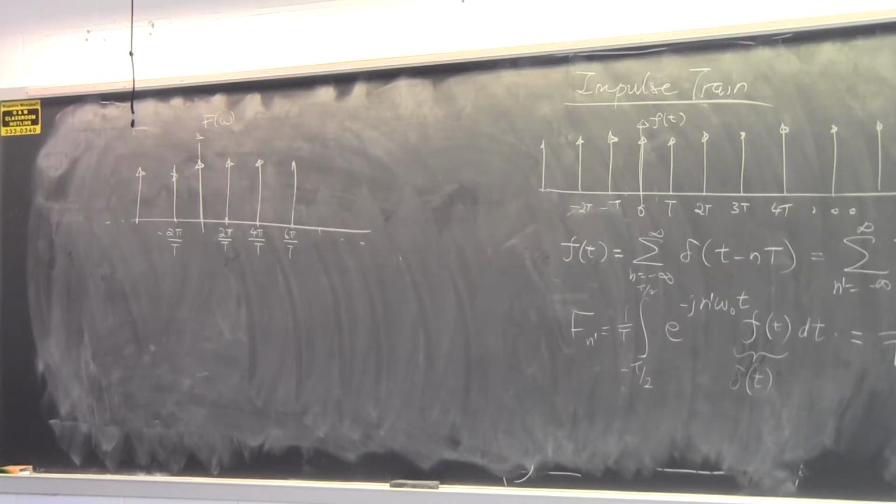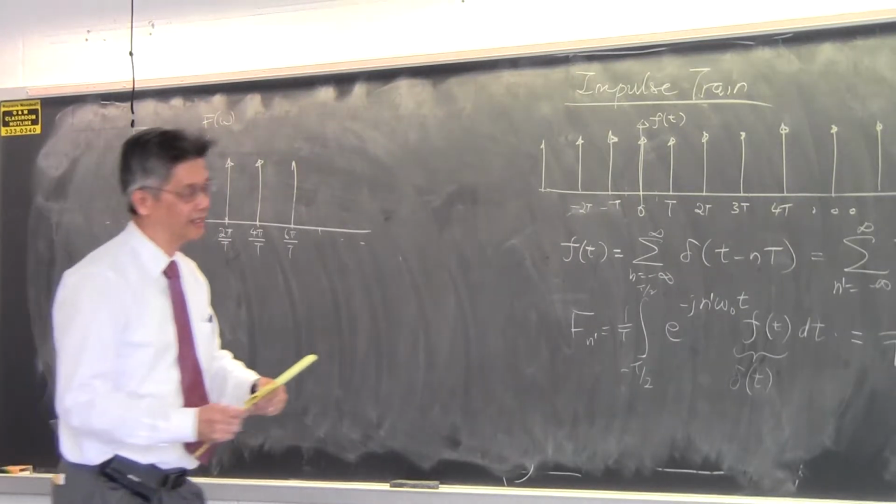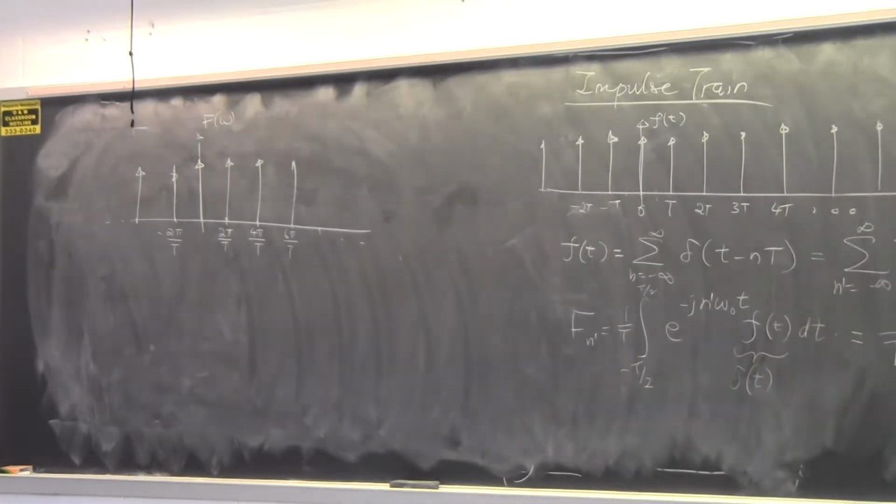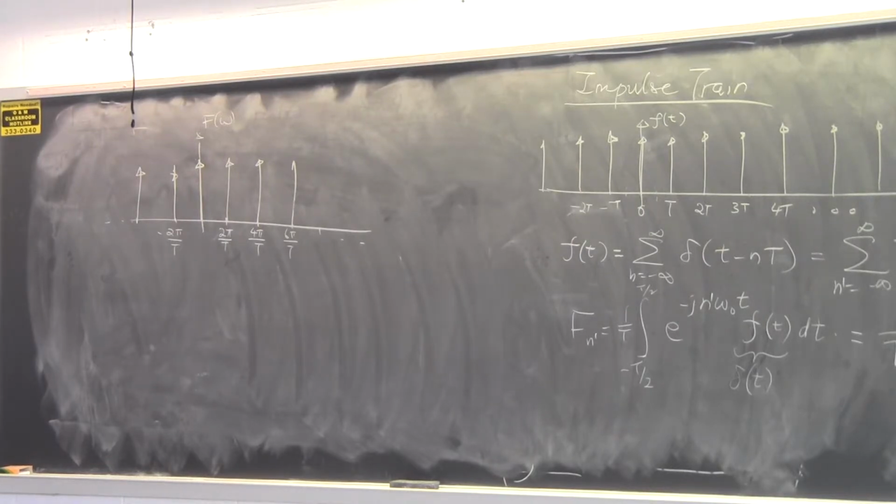Yes? Does the coefficient 2 pi over T actually do anything since the impulse functions go to infinity? It does something when you integrate this. This is a distribution function, also called a generalized function.